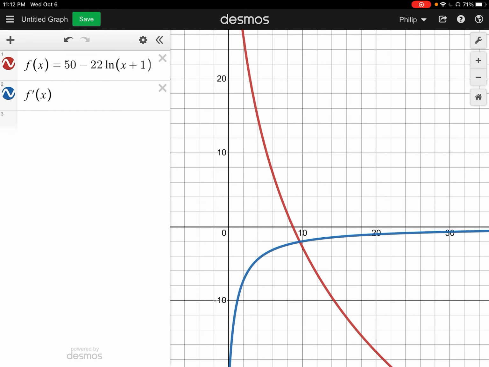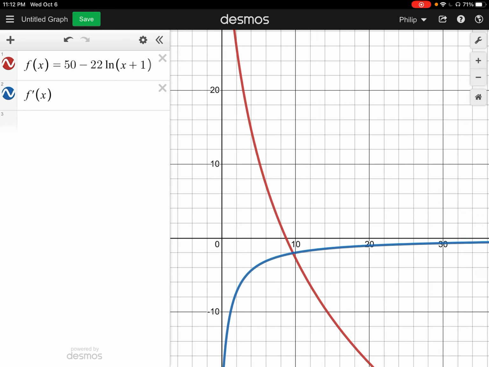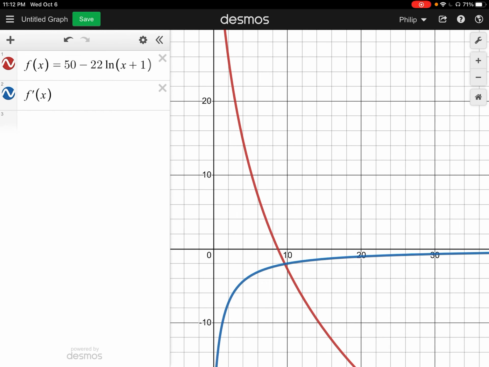Just so we can really make sense of this, E of t represents the amount of water that's in the tub. Because we're draining the tub, we can clearly see that the amount of water is decreasing here. If we graph E prime of t, which I have modeled here as the blue graph, f prime of x, we see that that is increasing.